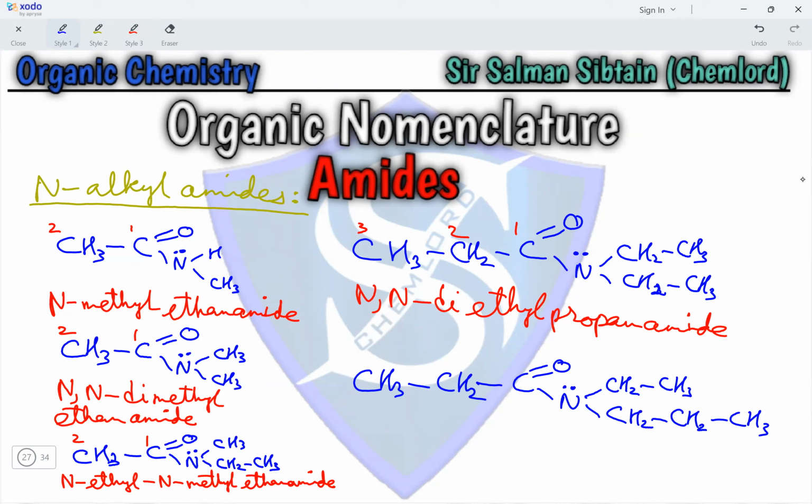And the parent compound will have three carbon atoms, so that will be propanamide, and E will be given preference over the P for propyl. So the name would be N ethyl, dash, N, dash, propyl, and the name of the parent compound would be propane amide. And this is how we name N alkyl amides.